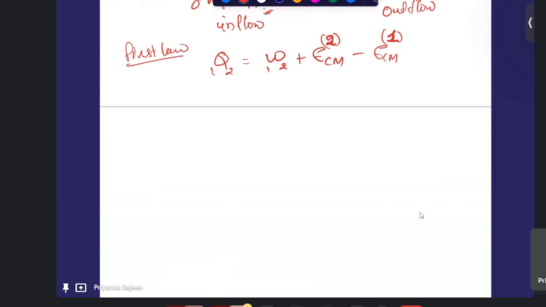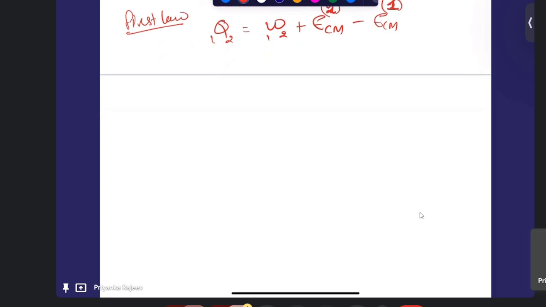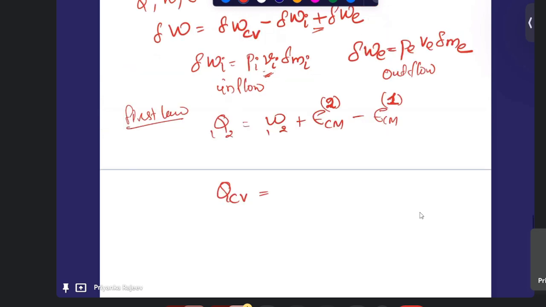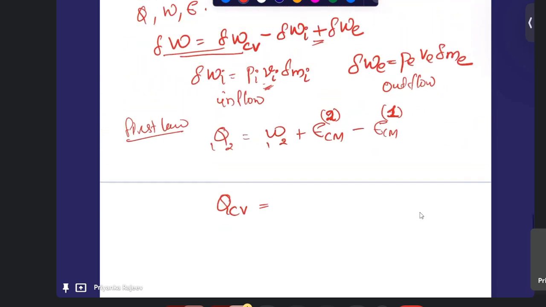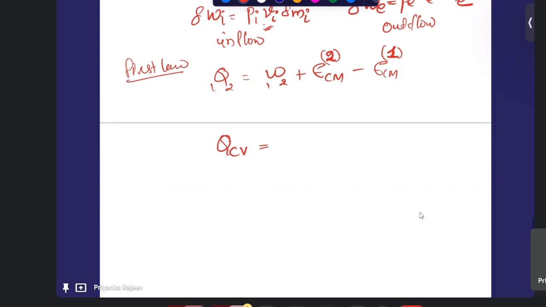So heat transfer, if I'm saying heat is transferred to the control volume, I can take it as QCV. So QCV equal to, this W I have taken in this manner, right? Delta W. So that I have to write. W12 is delta WCV.